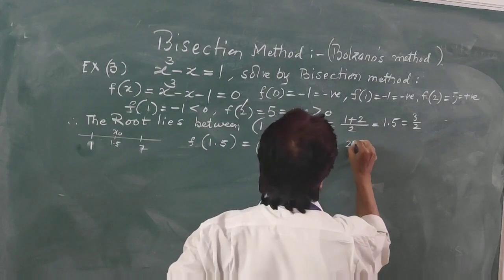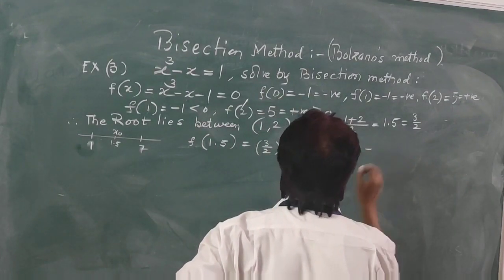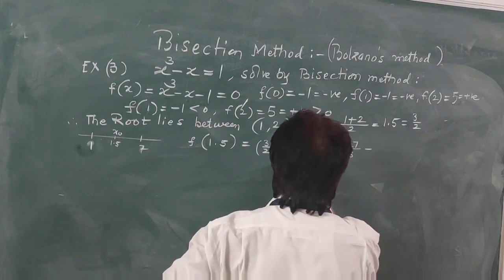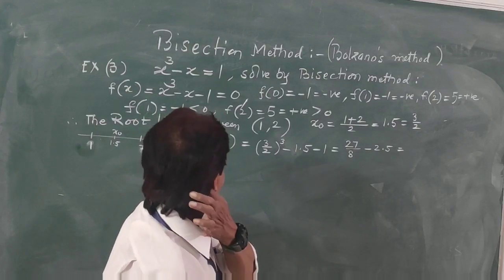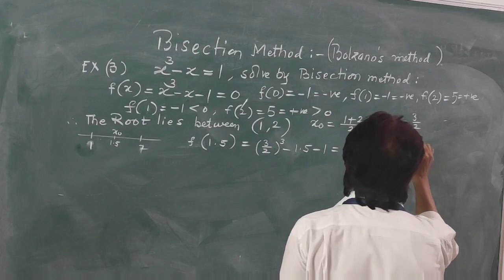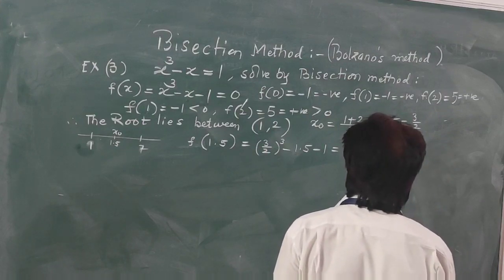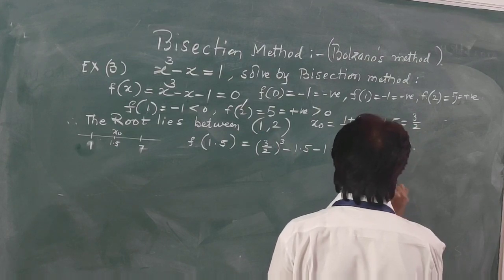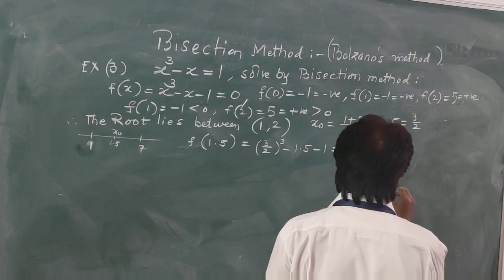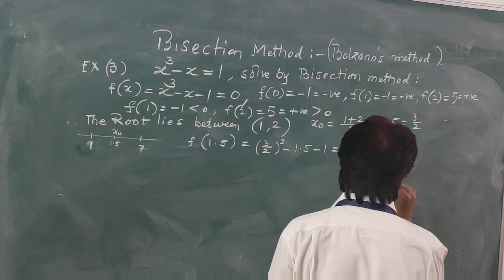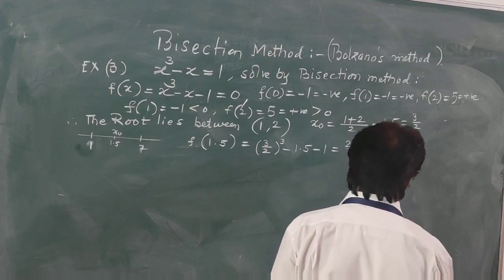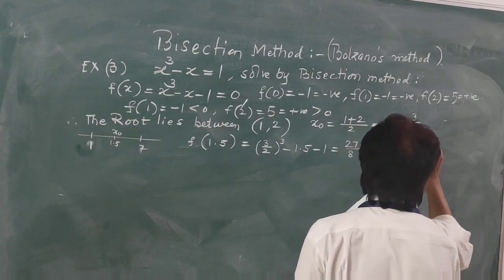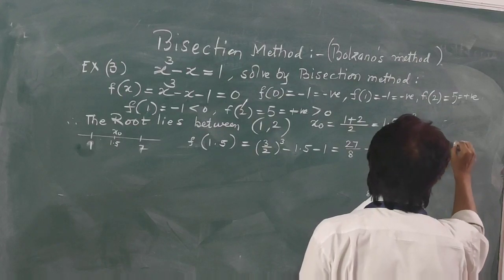So it is 27 by 8 minus 2.5. 27 by 8 is 3.375, minus 2.5.